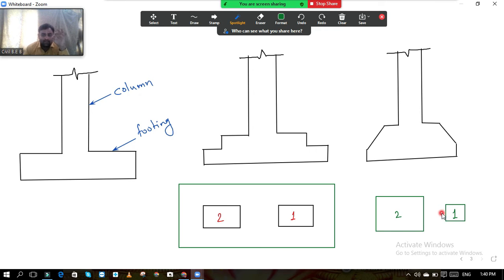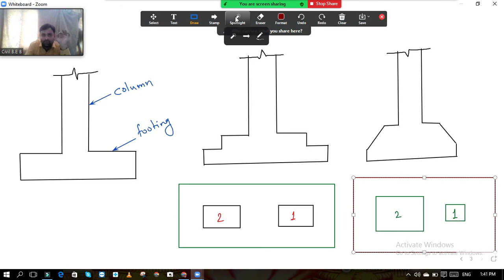Now in this case if we want to provide the combined footing, and you provide a rectangular footing, then you have to design that rectangular footing for the load capacity of both of these columns, in which column 2 should get a higher area than column 1. If I show you the rectangular footing first, it will be like this.